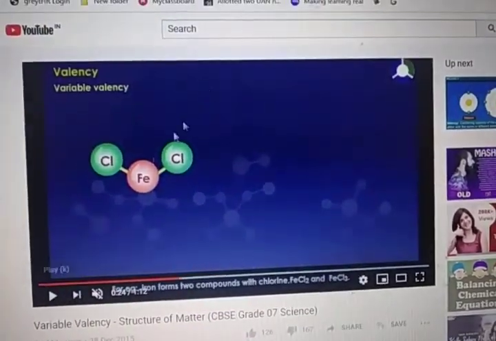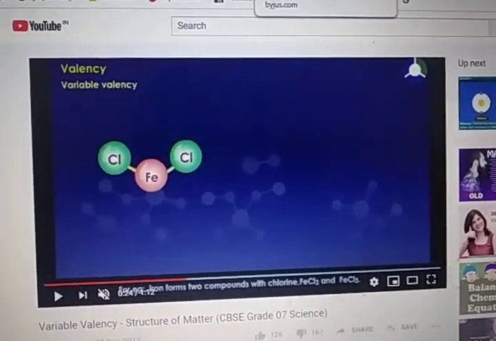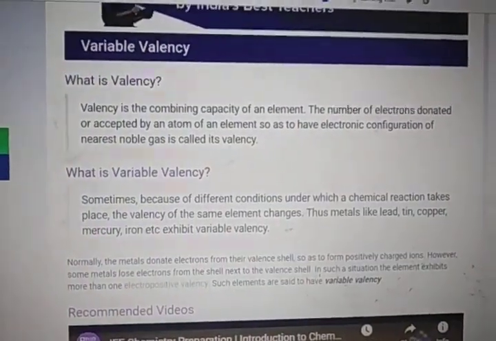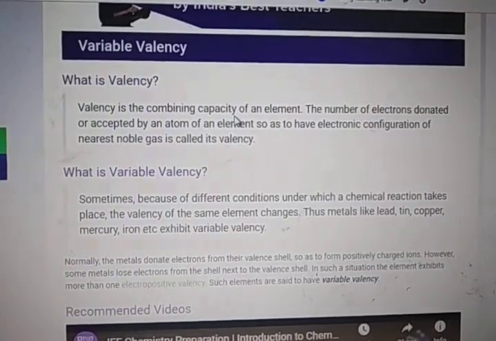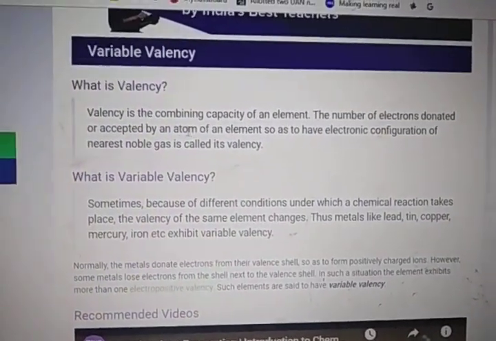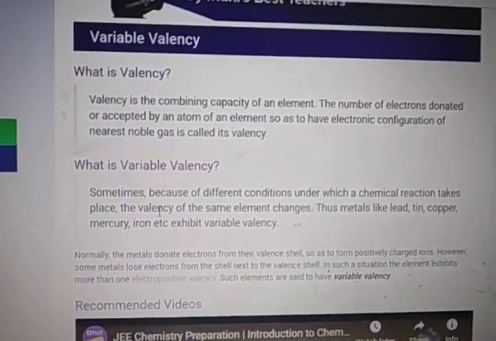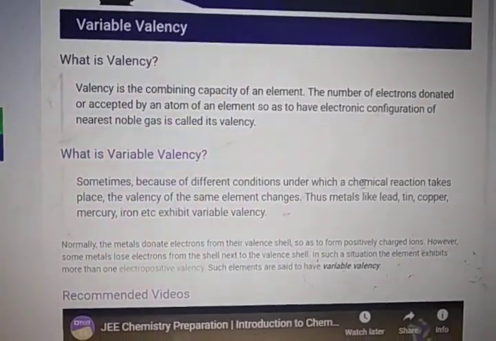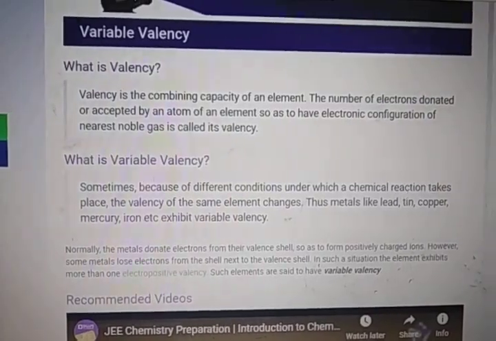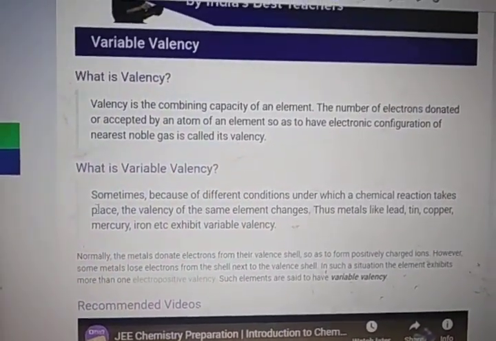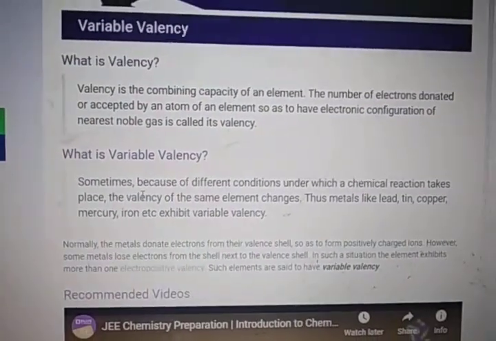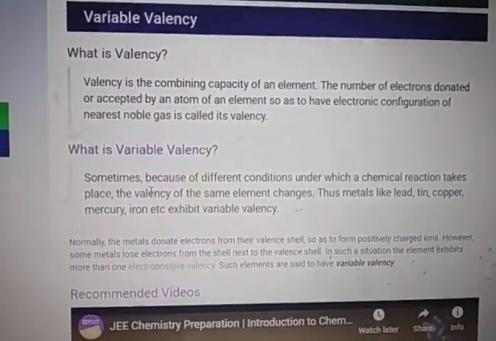So, if I have to say what a variable valency is, we can say that some elements show different valencies, which is known as variable valency. Now, why does it happen? Because of the different conditions under which a chemical reaction takes place. So different elements, when exposed to a different set of conditions, may show a different valency.